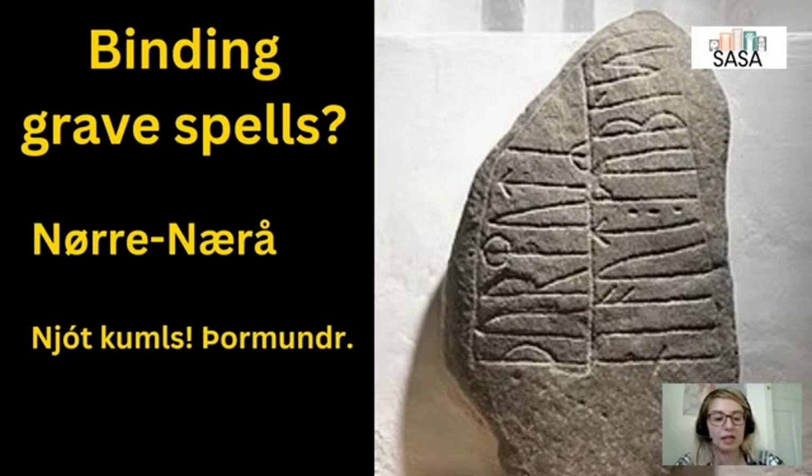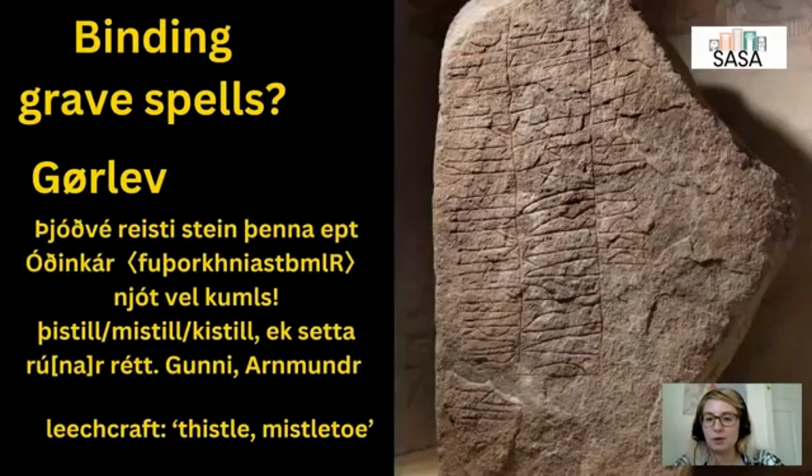And it is not the only example. If we look further on, we're going to find, again from Denmark, the Gørlev Runestone, a tall one, 2.2 meters tall. And here you can find the message: Thjóði raised the stone in memory of Odinkor, make good use of it, thistle, mistletoe, casket, etc. Gunni, Armundur placed the runes rightly.